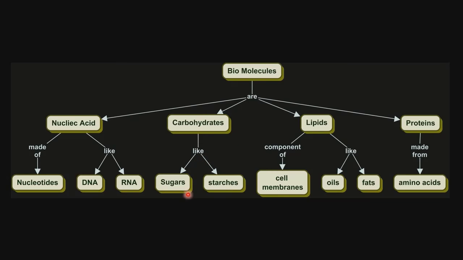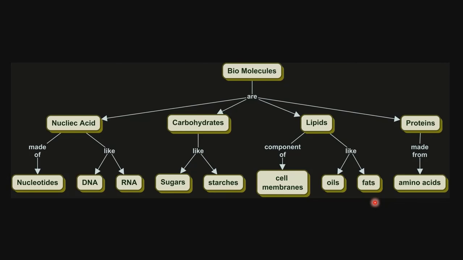These are the different sugars and starches. So when we talk about sugars, they are the monosaccharides, disaccharides, oligosaccharides, and also polysaccharides. And also for the lipids, these are components of our cell membranes, and an example of lipids are oils and fats. They come from the different plants and animals.